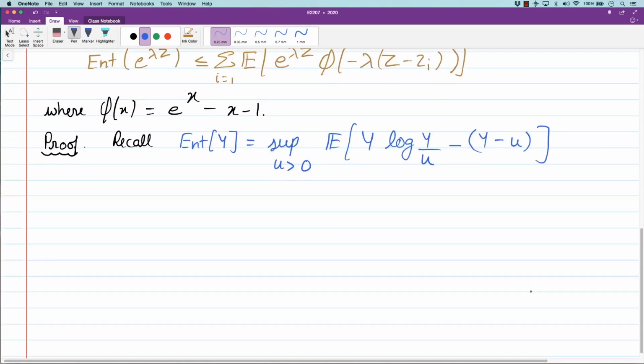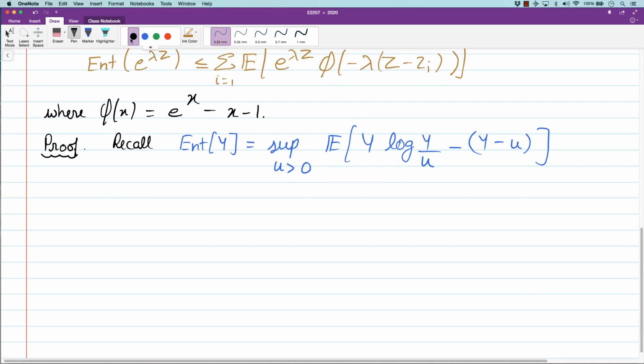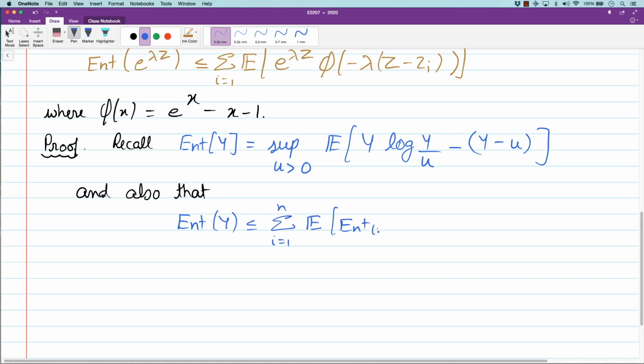So this is the formula we saw in the last class. Also, there is the tensorization formula for entropy, which said that the entropy of a random variable y, which is a function of x1 to xn, is less than or equal to the sum of the expected entropy of y with respect to the ith random variable. Okay, so we apply this formula to this conditional entropy.